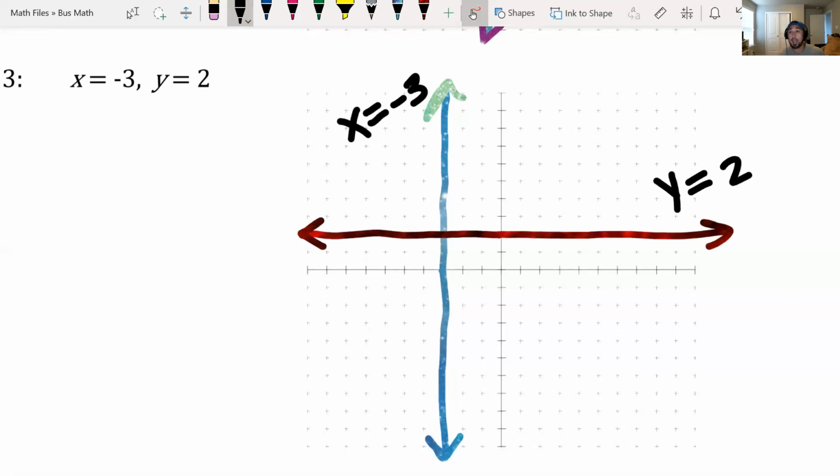Okay, and of course this wanted to know what was the y-intercept and what was the slope?